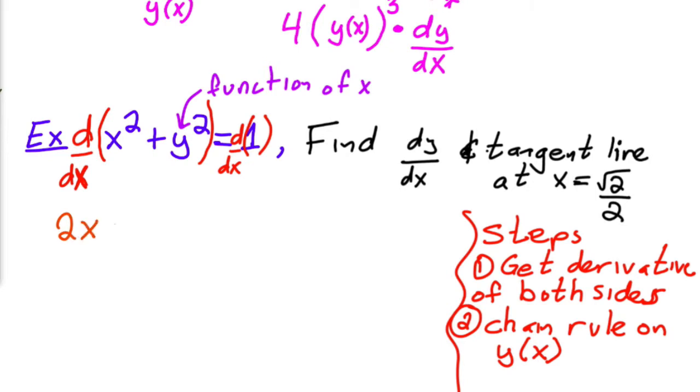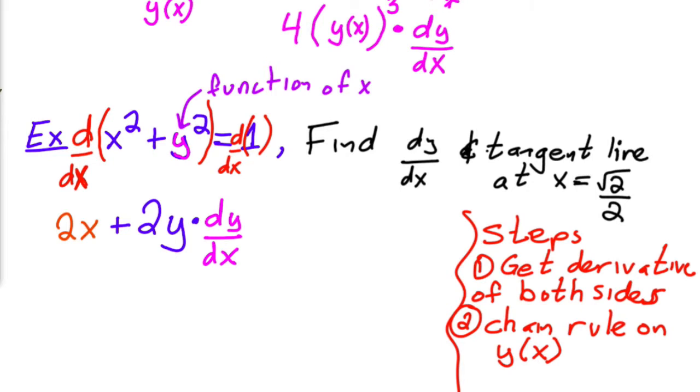And then plus y squared. The derivative of y squared is going to be 2y, but then you're going to multiply times the derivative of y with respect to x. This is where I'm saying you don't know what y is as a function of x, but you know that it is a function of x.